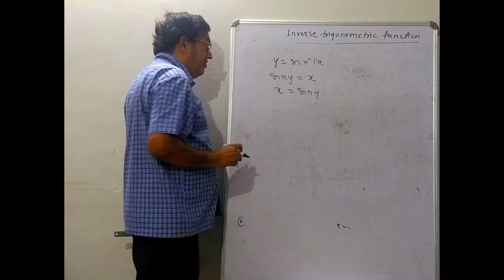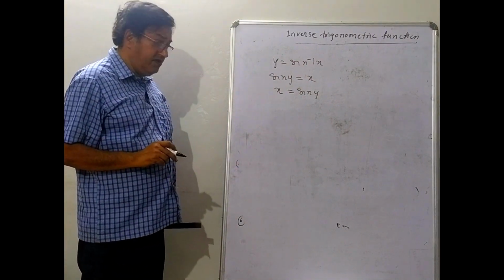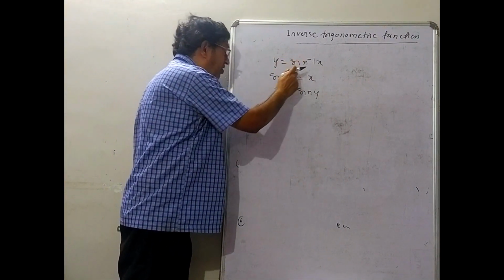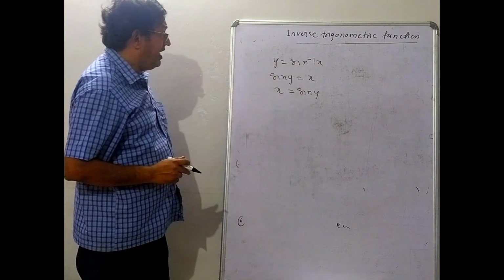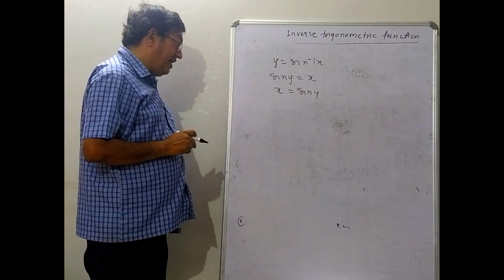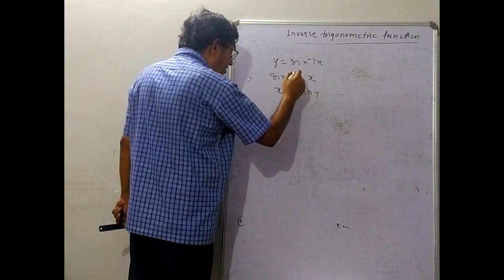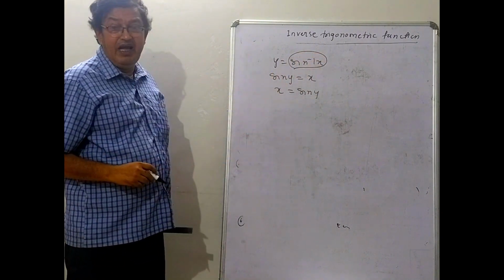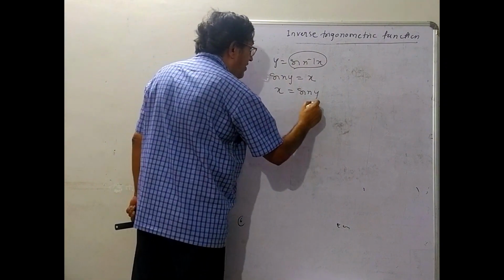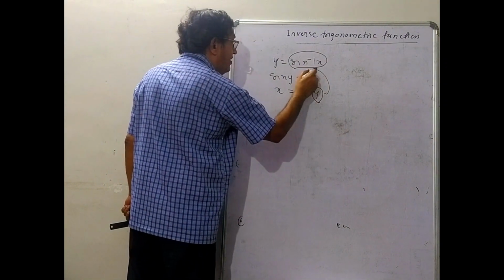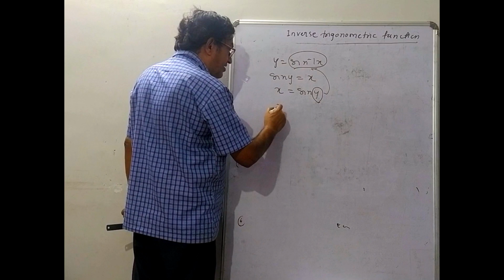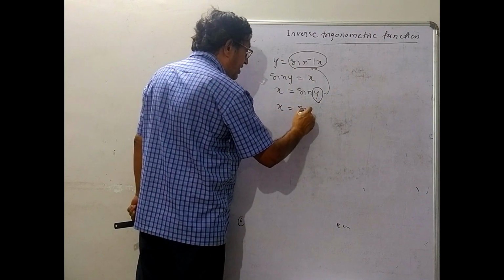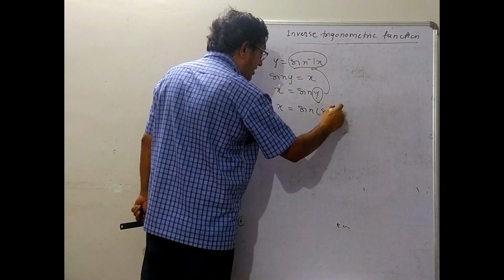Y equal to sine inverse of x is the inverse trigonometric function which we have got from sine y equals x. But here, what is this y? Y is sine inverse of x. So this y we can replace by sine inverse of x. So this x becomes sine of sine inverse of x.